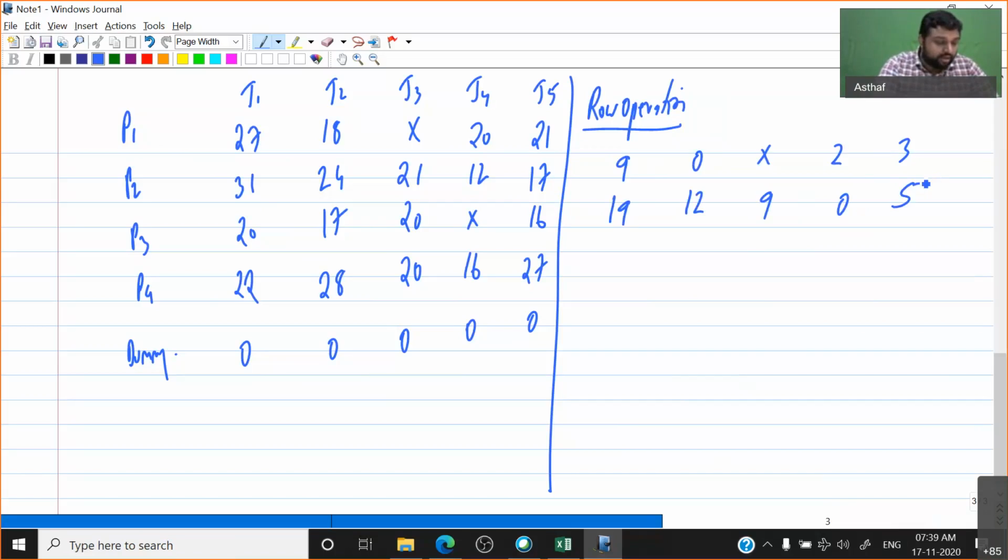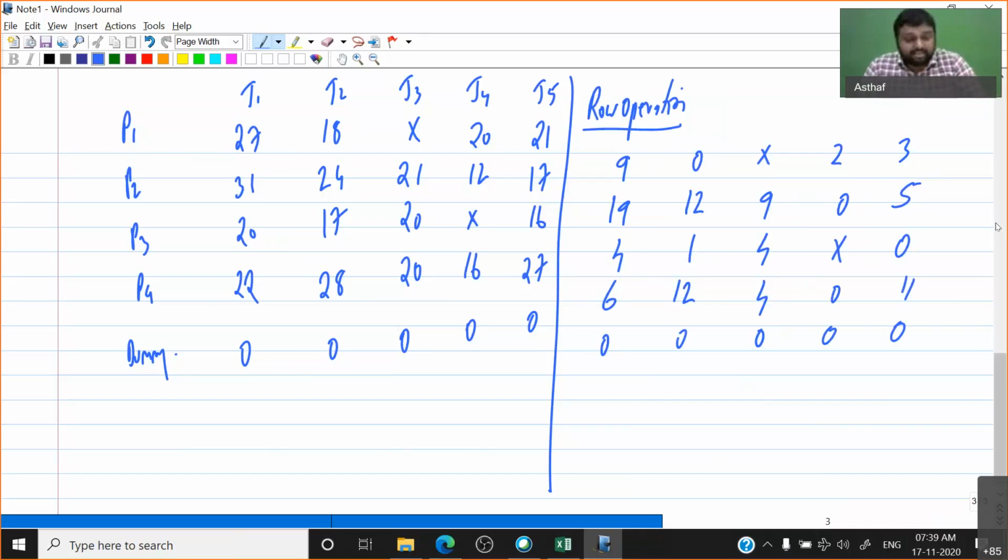Next the lowest number is 16. So we will have 4, 3, 0, 1, 4, 0. The next lowest number is 16. So 6, 12, 4, 0, 11. For the dummy, there won't be any change.